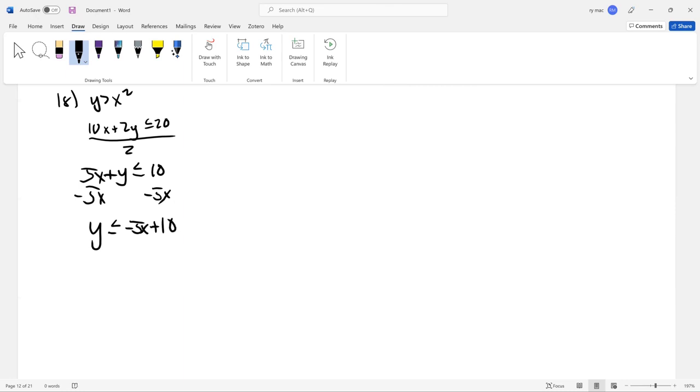So now I can graph both of these. Should be like 10. Bottom really doesn't matter.